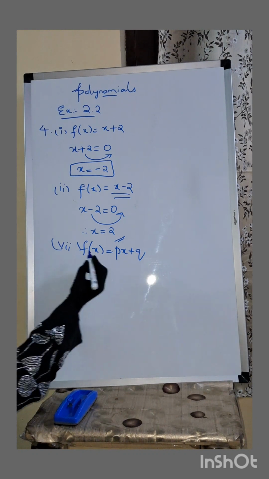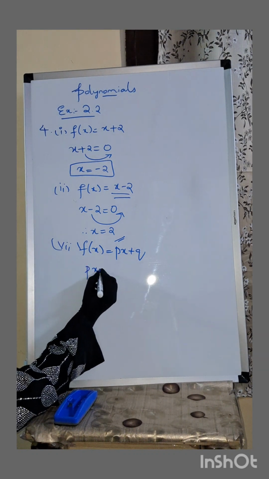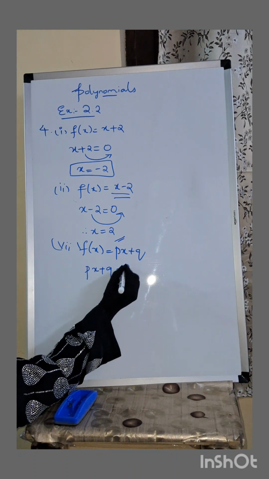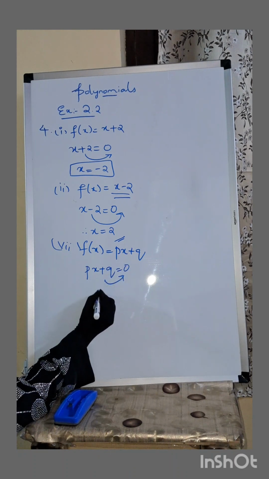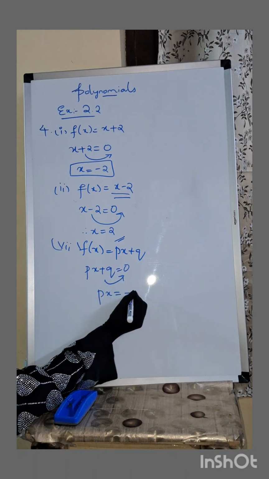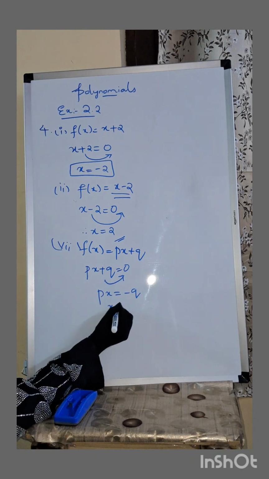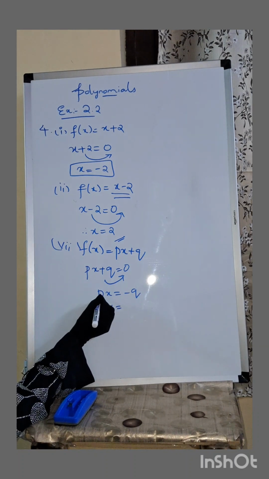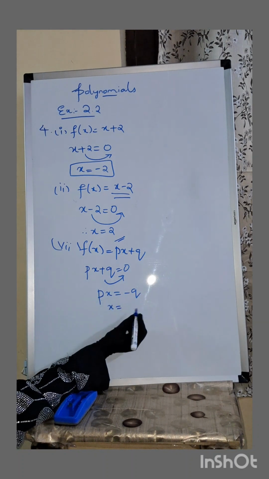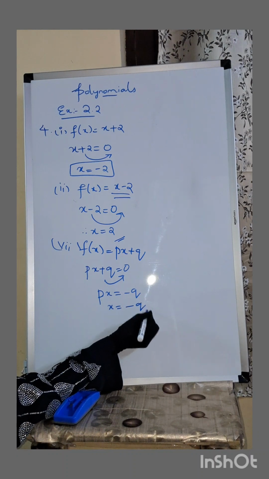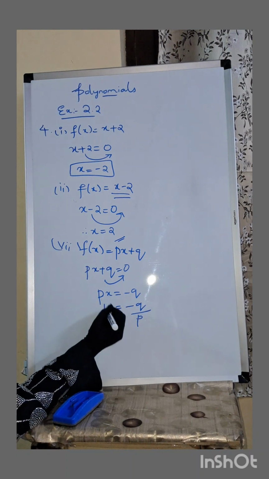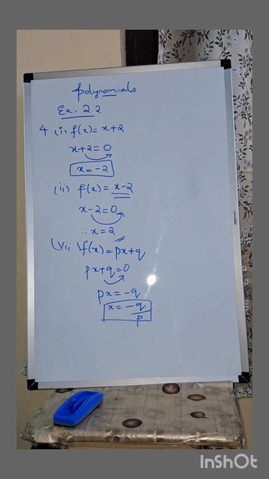So it means this expression px + q = 0. Sending +q to that side, it will become px = -q. So x = -q by p, since p is in the numerator it will go to the denominator. So x = -q/p is nothing but the 0 of the polynomial, right?